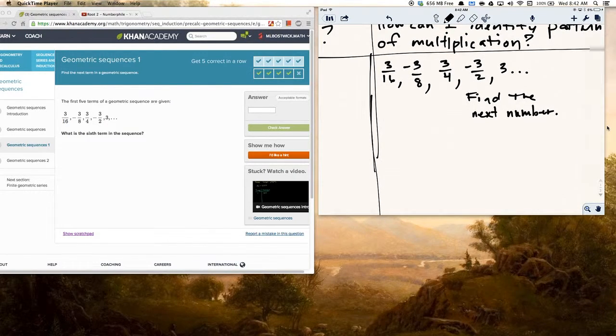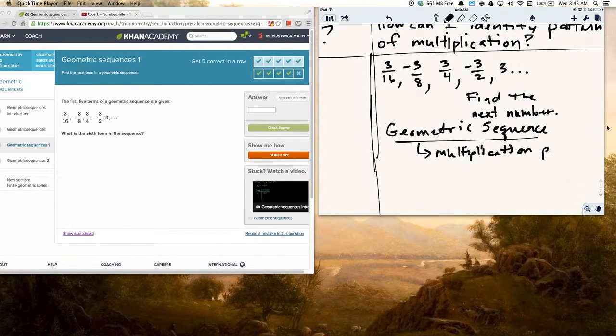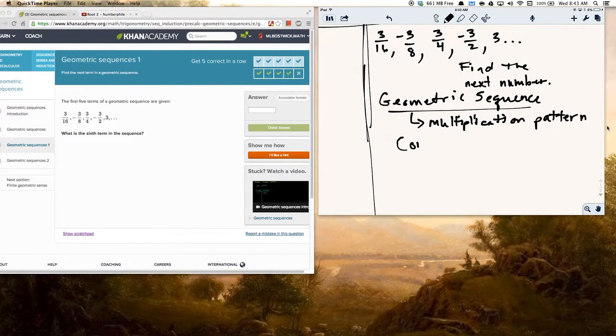First thing to notice is that a geometric sequence is just a sequence with a multiplication pattern. In particular, there is a constant multiplier.